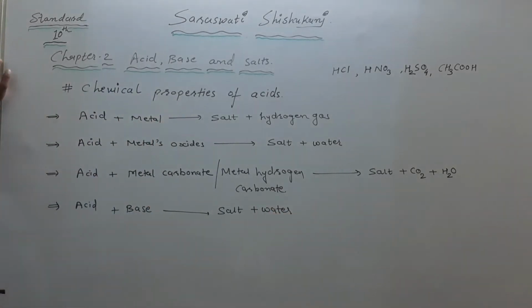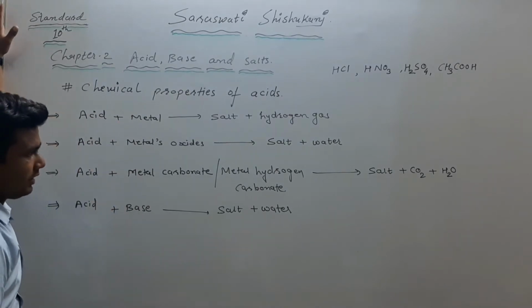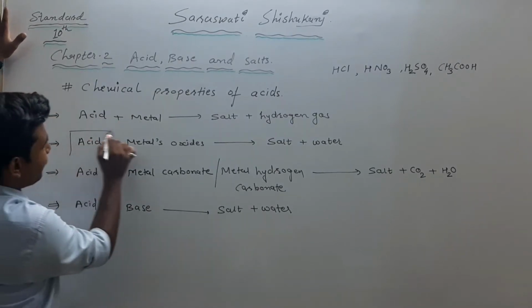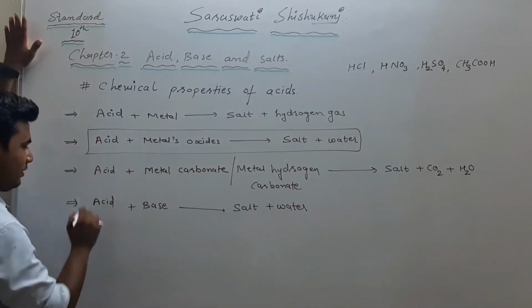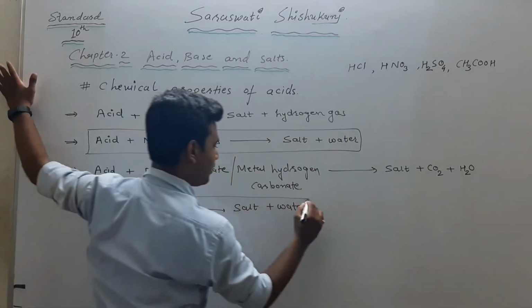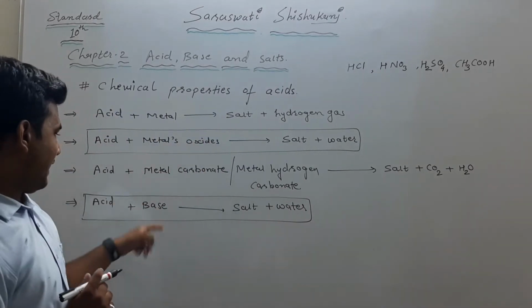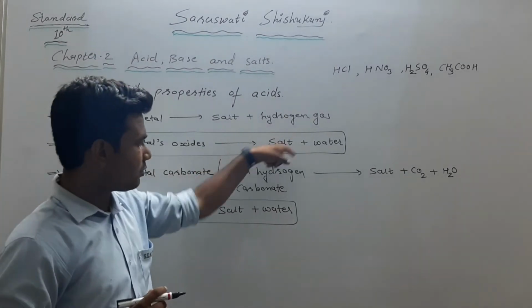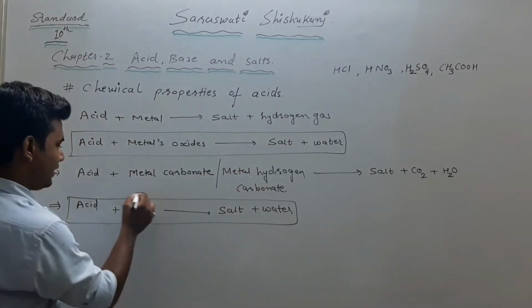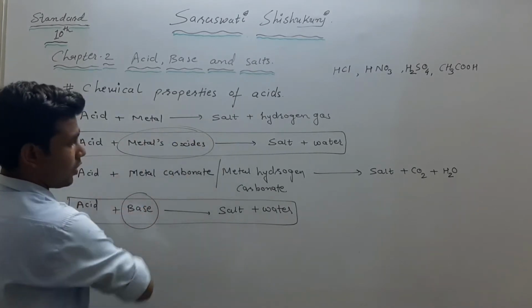Okay, what is common that you can see in these reactions? Yes, you are right. If we take this second reaction and this fourth reaction, on the reactant side you are seeing acid, acid. On the product side, salt, salt, water, water. But here we have taken a base and here we have taken a metal oxide.